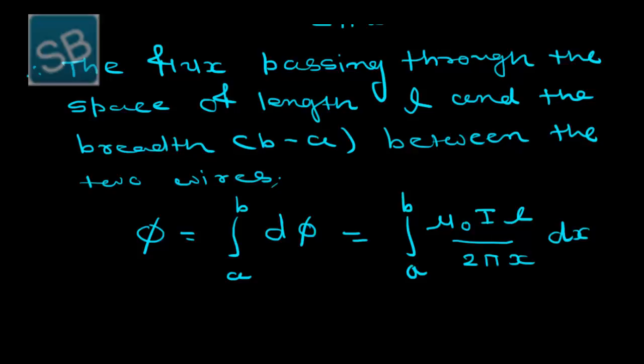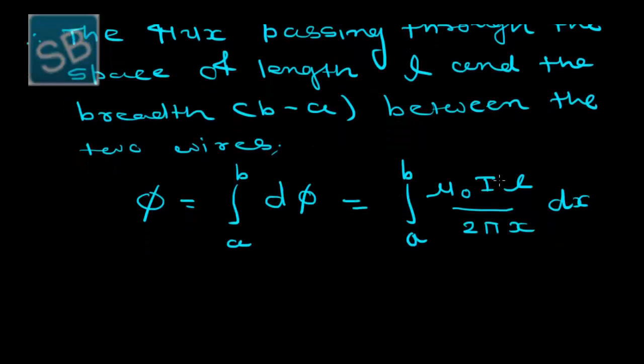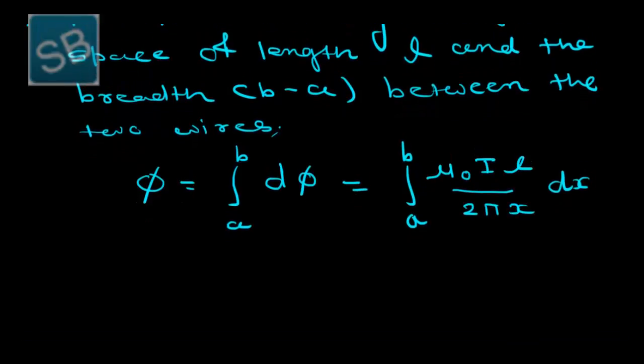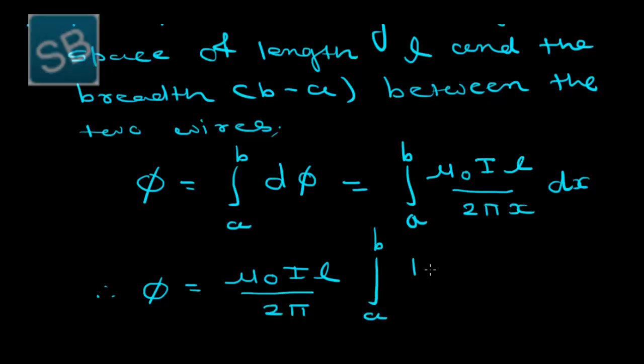Now with respect to this distance, mu 0, I and 2 pi are constant, so I am taking these quantities outside the integration. So phi equals mu 0 I L divided by 2 pi, integration from A to B of 1 over x dx. Now the integration of 1 upon x is ln x.